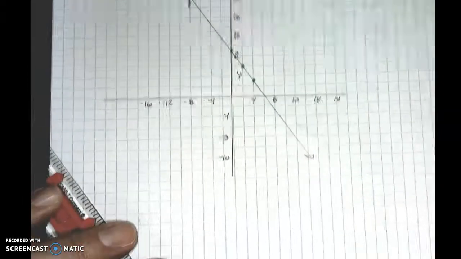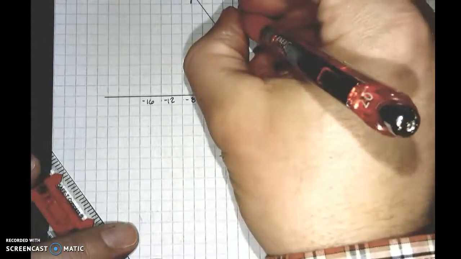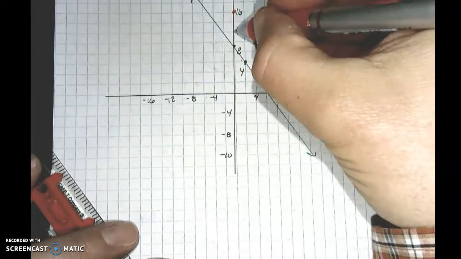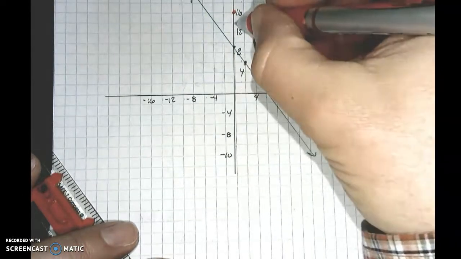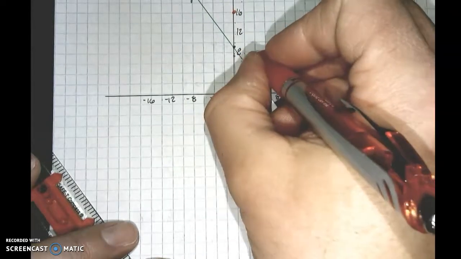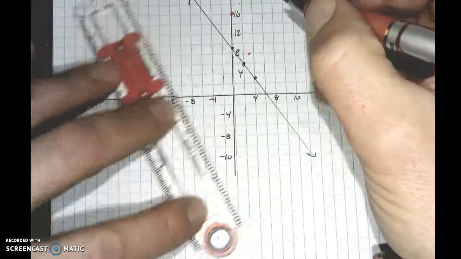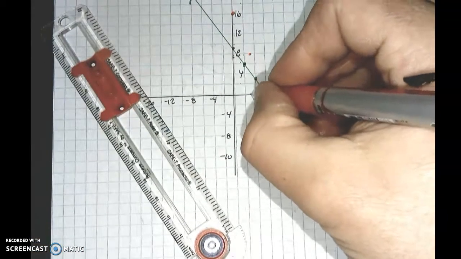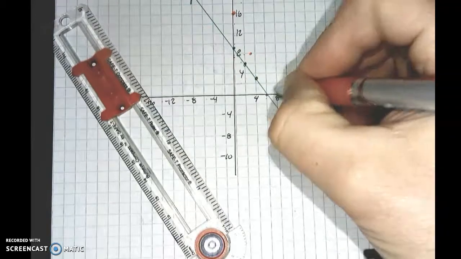And then my orange one, I have it at 16. Go down 8. So 2, 4, 6, 8, over to the right 3, and then 2, 4, 6, 8. Puts me right about there.